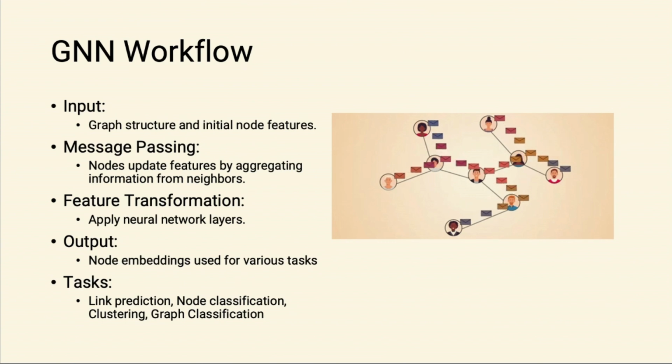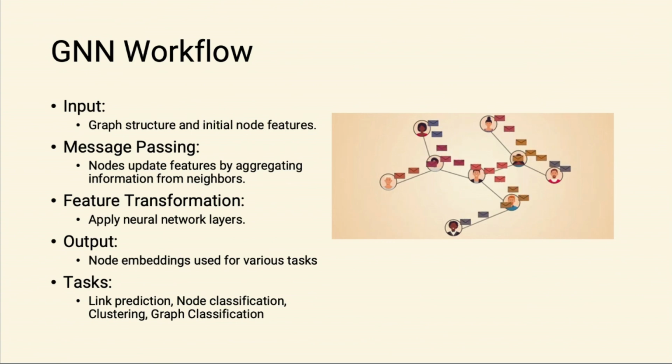And the next time that node passes its information to this node, it now has some access to information of these other nodes, which are 2 degrees apart from the first node that we were looking at. So this is how information is aggregated and percolated throughout the network.